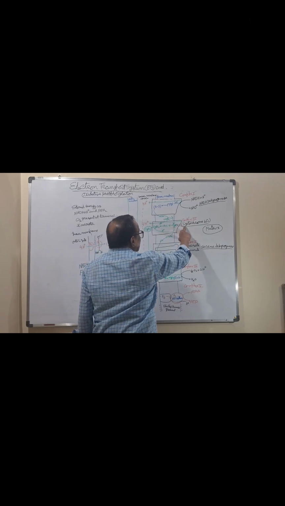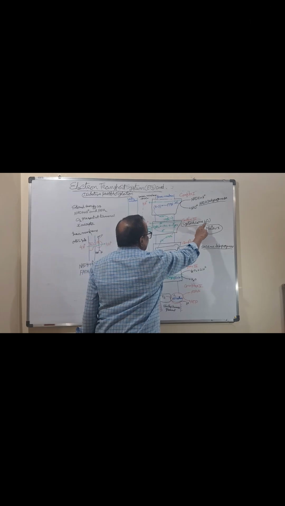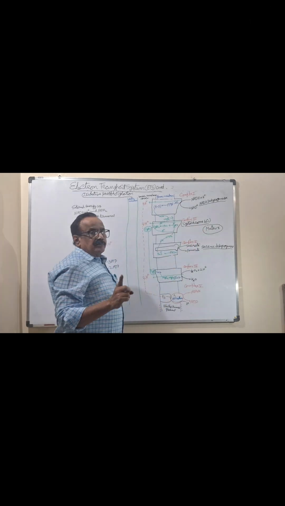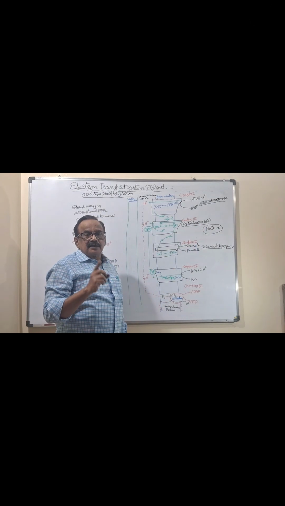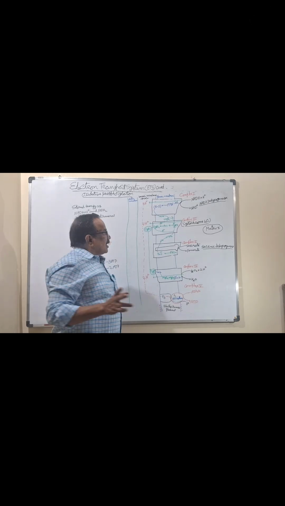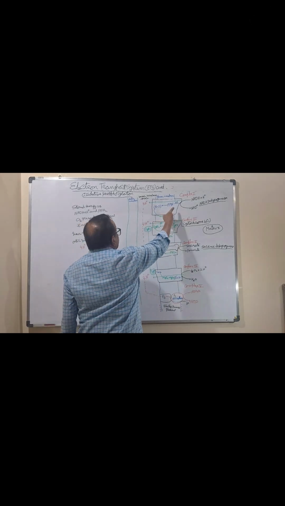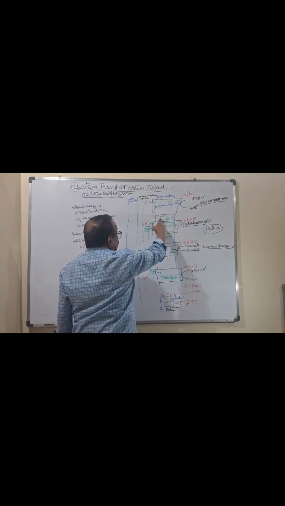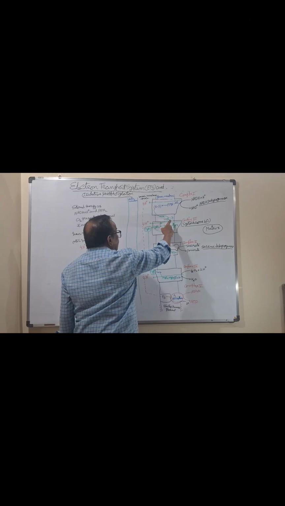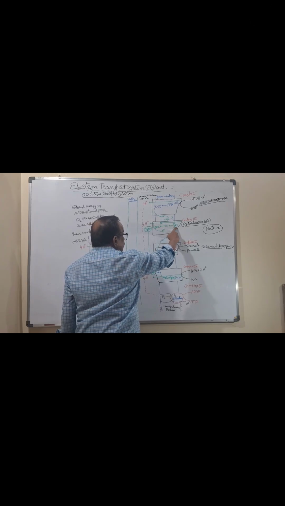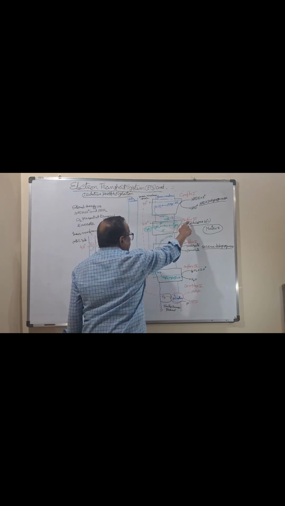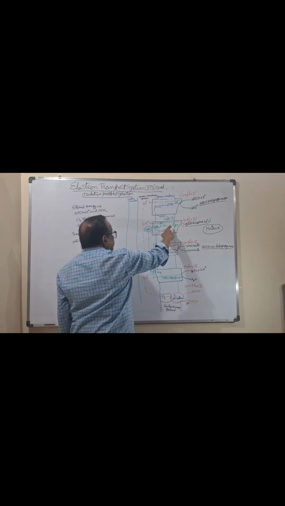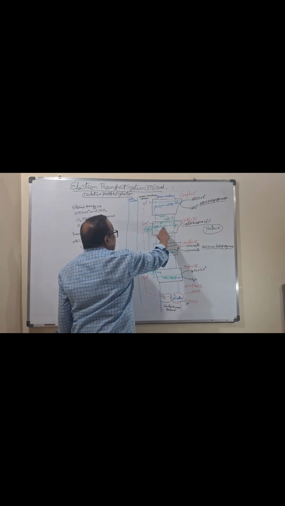to call cytochrome B C1, means cytochrome B and C are present in the complex number 3. So the electrons which came from the complex number 1 through ubiquinone and ubiquinol will be received by the cytochrome B, which is present in the complex number 3, and passes the electron to the iron sulfur complex.